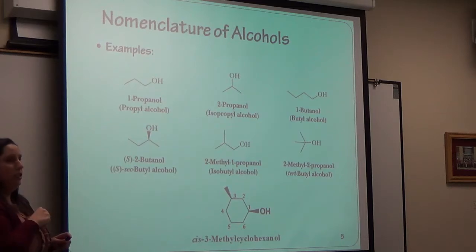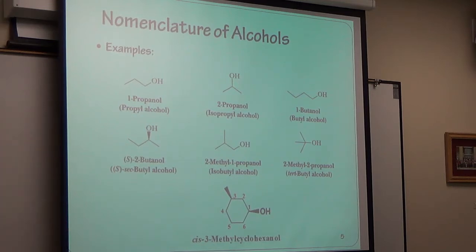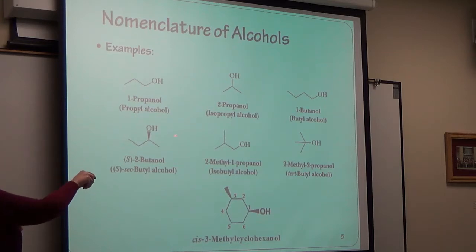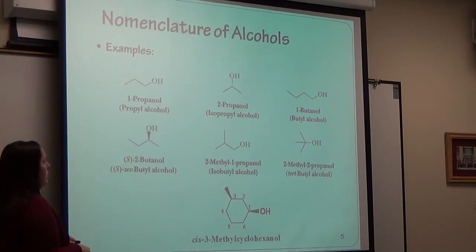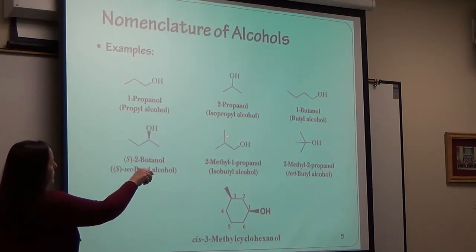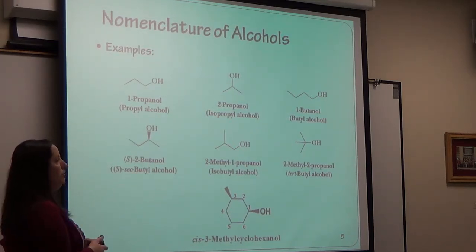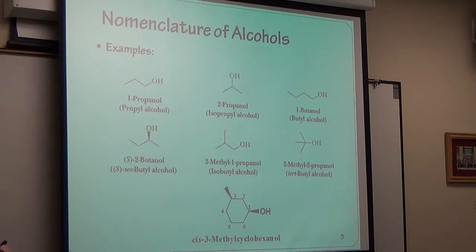Remember iso, sec, tert. This is the sec-butyl, again second carbon, so secondary there. It's also 2-butanol, 4 carbons. And then here there's a carbon substituent, so it's 2-methyl, and then the 1 is where the alcohol is. You give it the lowest number, so 2-methyl-1-propanol, isobutyl alcohol.